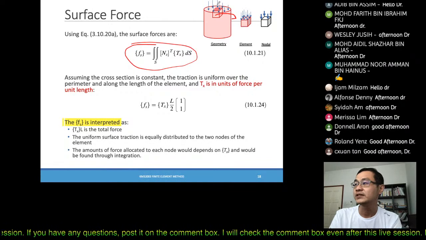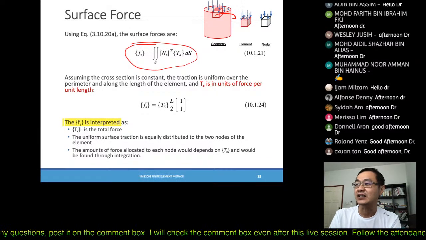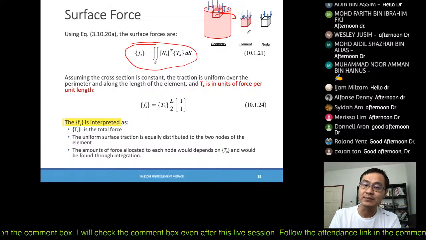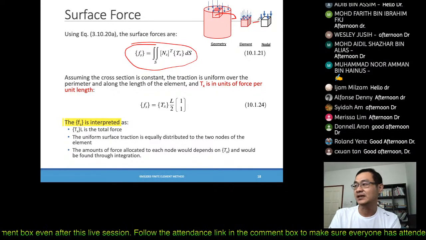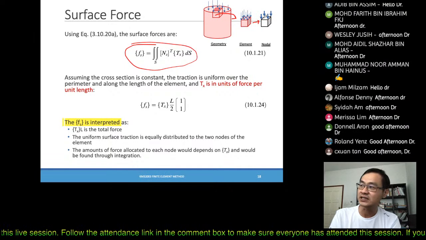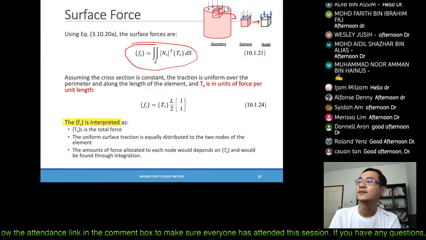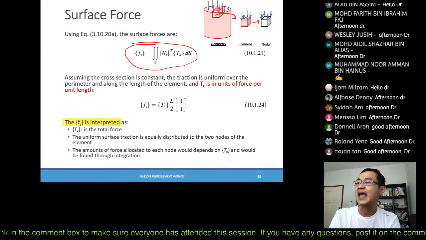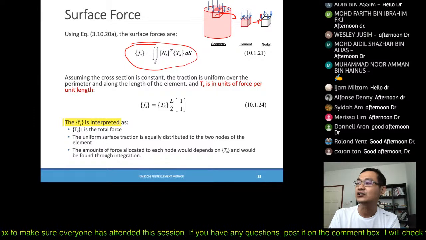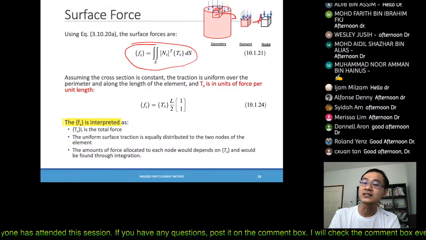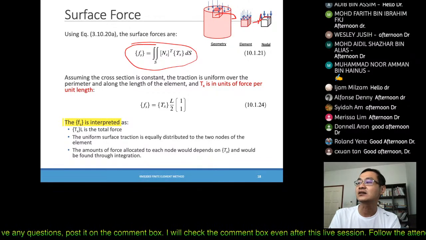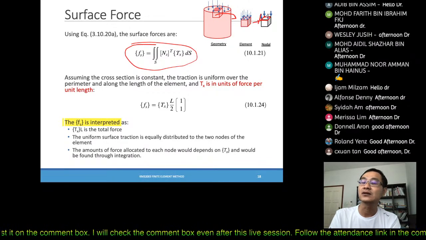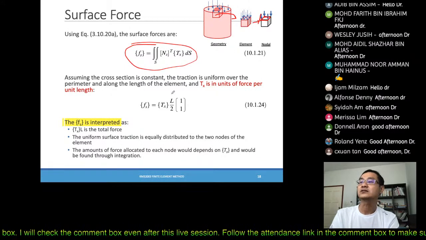This pressure acts on the surface of the element, and when we compute it, it transforms this pressure into the force acting on every single node. But because it is on the surface, it only acts on the surface of this particular element, not on the other surfaces.